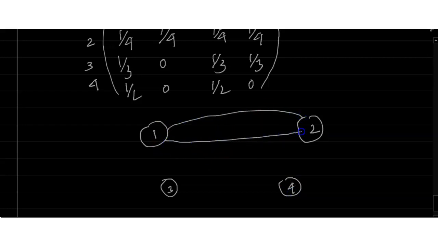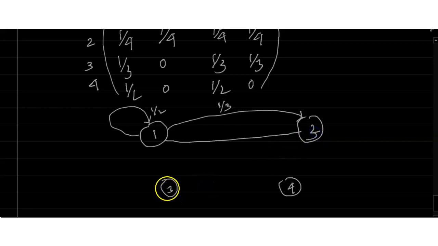and this is the diagram. 1 to 1, this is half. 1 to 2, this is 1 by 3, and 2 to 1, sorry, this is 3.